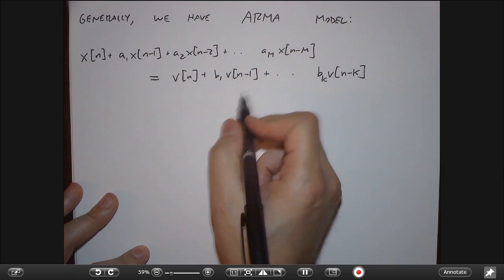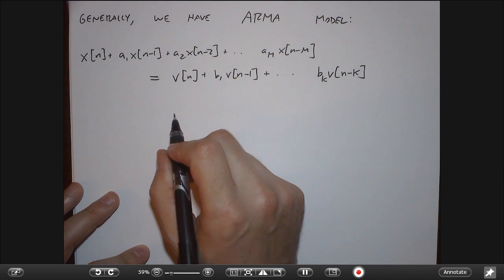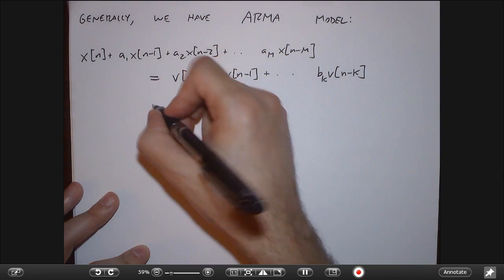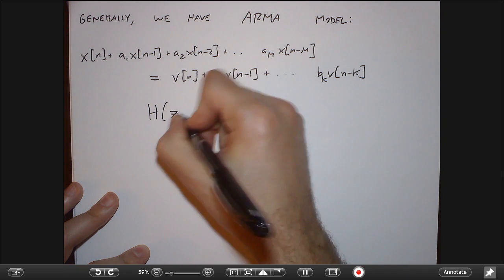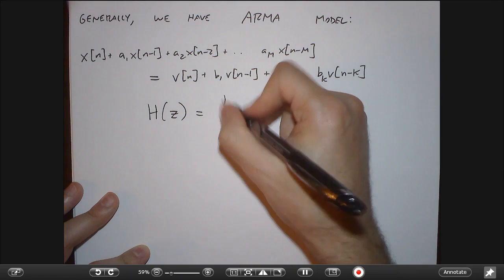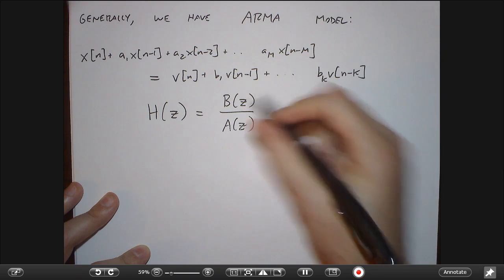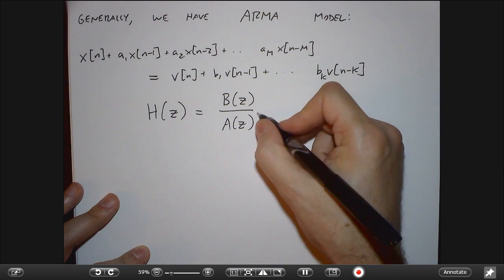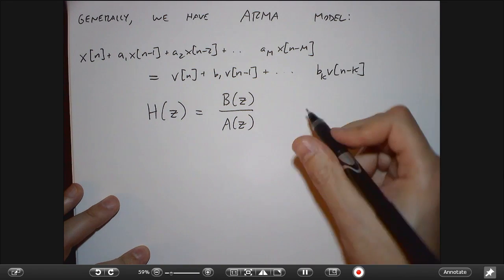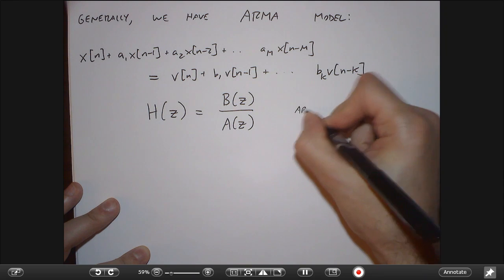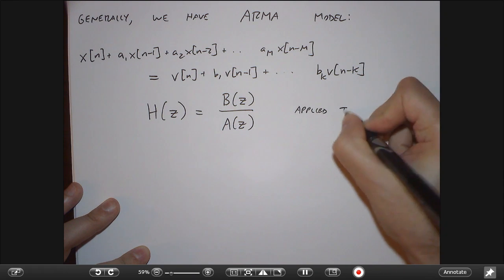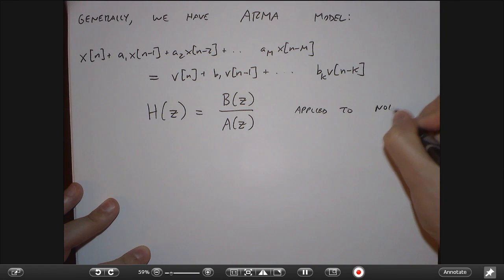Now you can see this looks a lot like the kind of filters we were talking about before, right? Because if I wanted to look at the transfer function of the system, it would be the z transform of this over the z transform of this, applied to input that was a noise process.